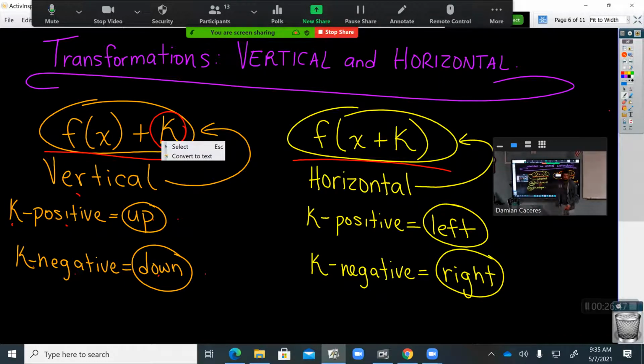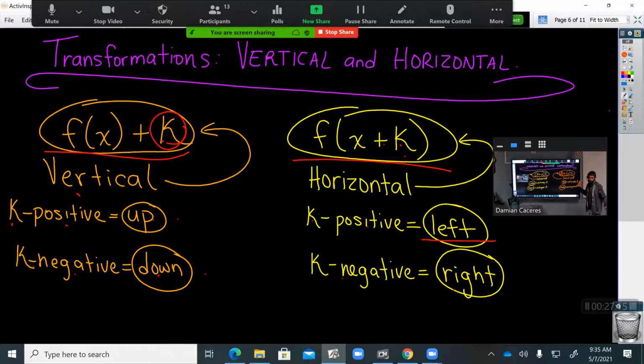Now, I always use the plus there to avoid confusion, but all you have to remember is that if k is positive and it's in the parentheses, you're going left. That's backwards because usually the positive numbers are to the right. So be careful with that. Don't invert that by mistake. So if k is in there and it's positive, you go left. If k is in there and it's negative, right is the movement.